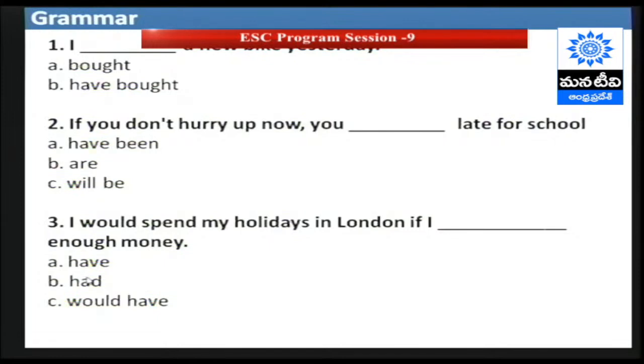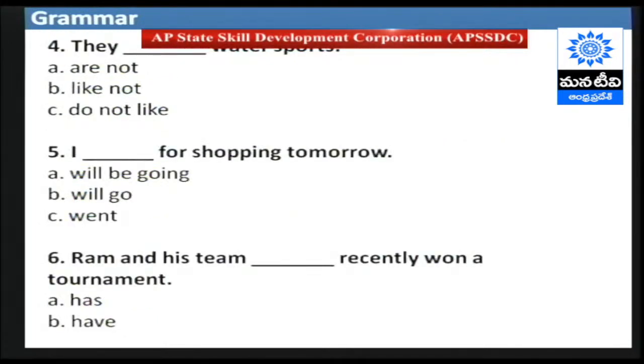Had, because you actually don't have. If I had enough money. Number 4, they dash water sports. They are not, they like not, they do not like water sports. The correct answer is C, they do not like water sports.